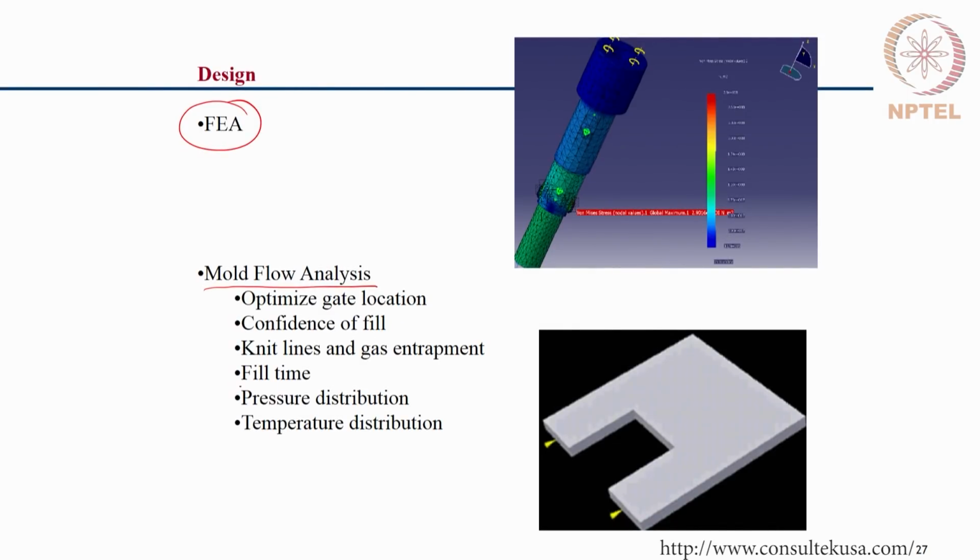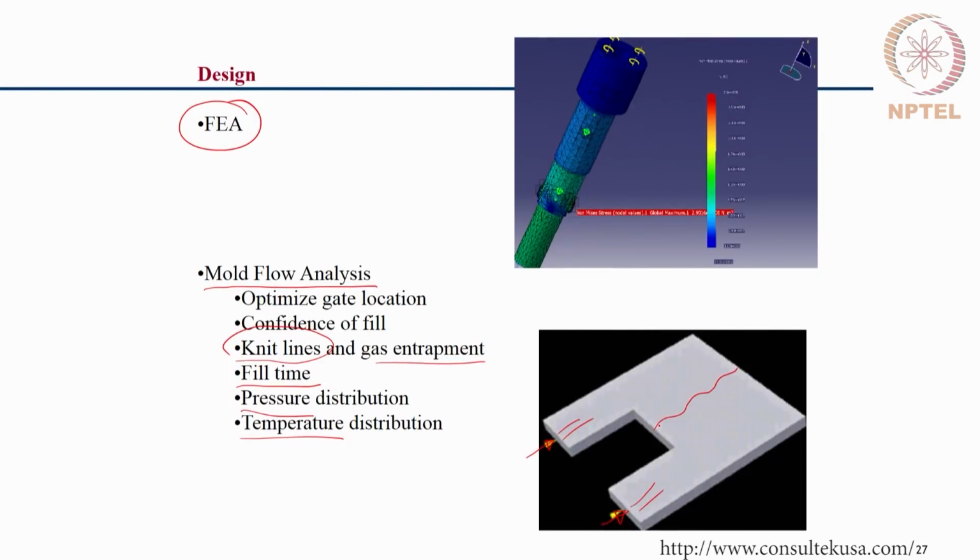So, one can understand the fill time, because this is critical in terms of the mold cycle time, and pressure and temperature distribution. Also, the formation of what are called knit lines and gas entrapment. Like as an example in this picture, there are two gates through which the material flows into this cavity. So, the material starts filling this cavity, and once the material fills, they will finally come and join, thereby forming these knit lines.